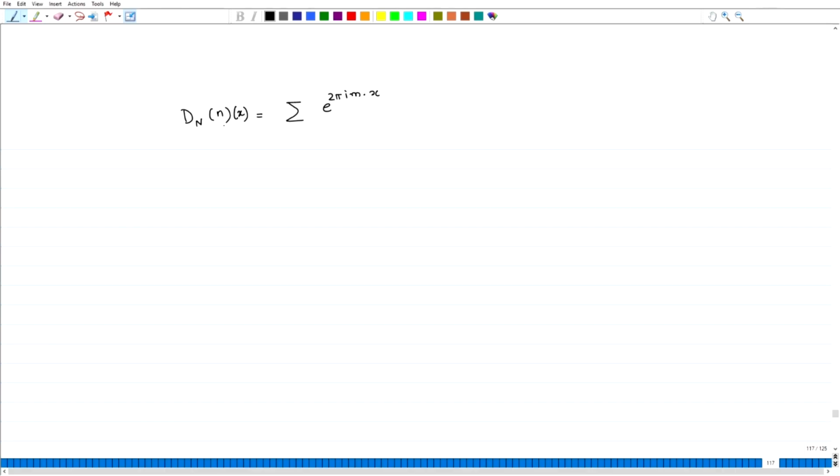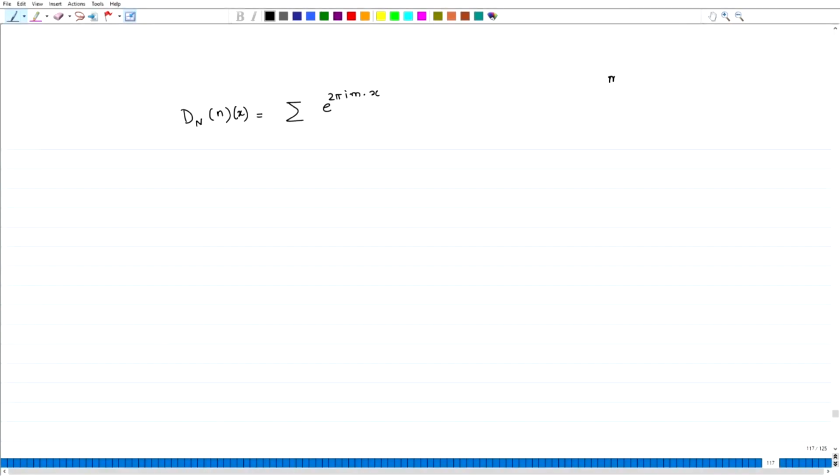In dimension 1 the sum is from minus n to n. Here we can take the value of m from minus n to n, but now our m is an n-tuple.